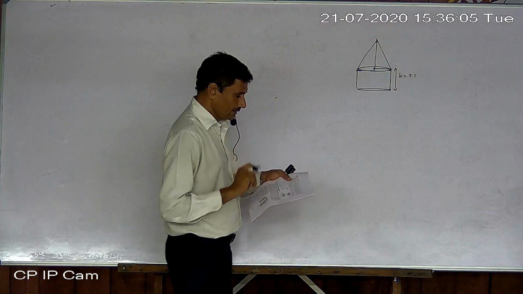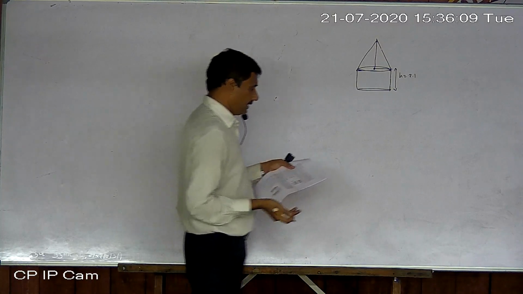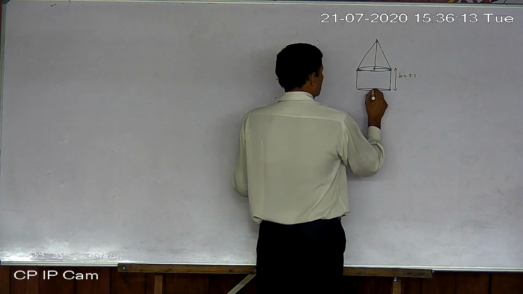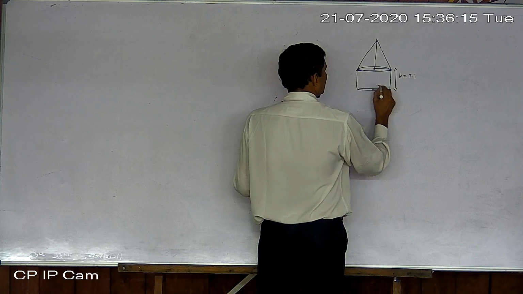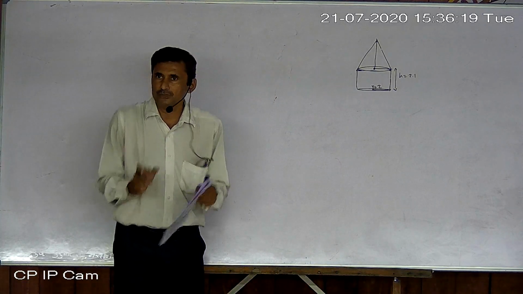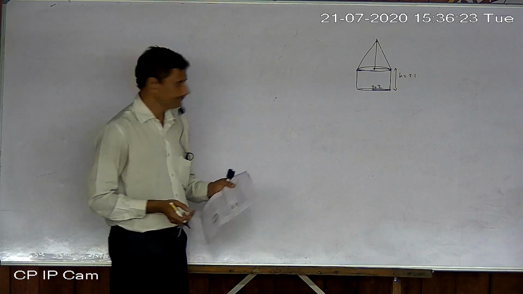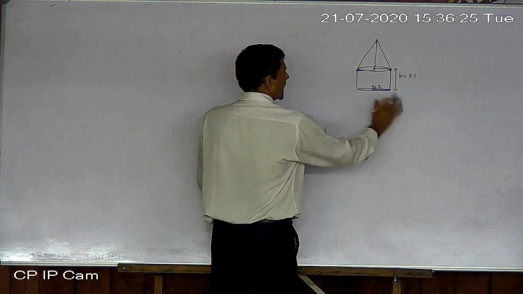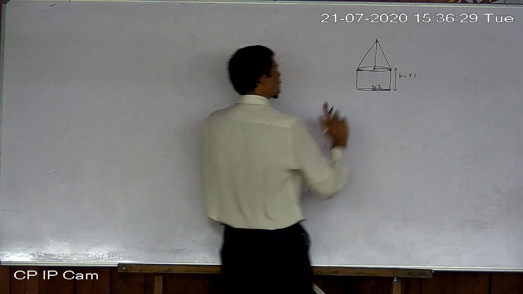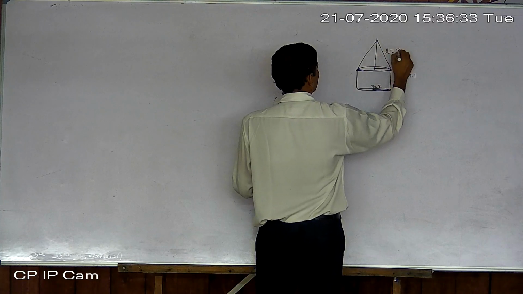And diameter is 4. So radius is 2. R equal to 2. No need to write centimeter everywhere because it is figure, to accommodate everything is not possible. Why 2? Because diameter is 4. Now, slant height of the top is 2.8.